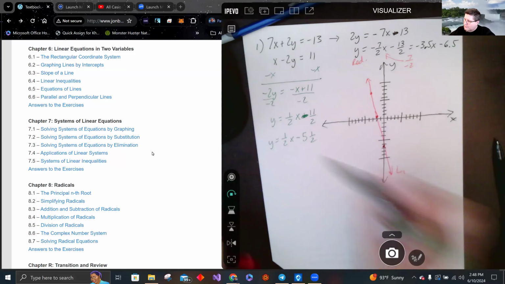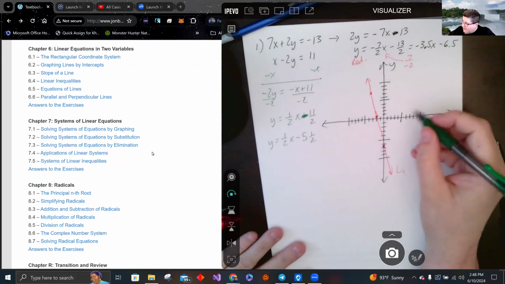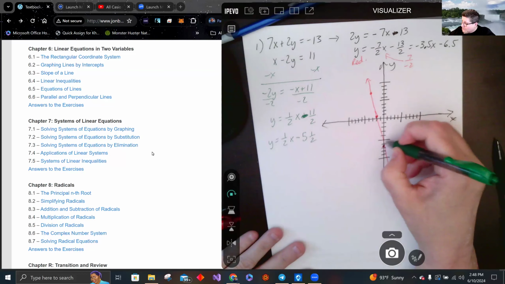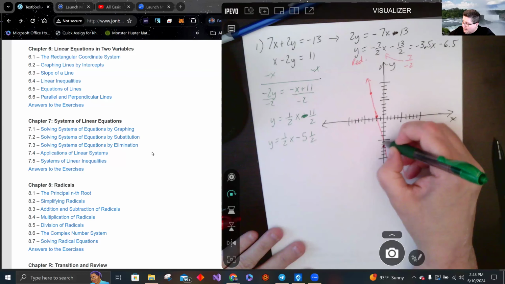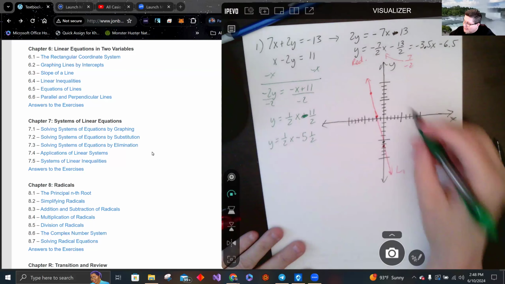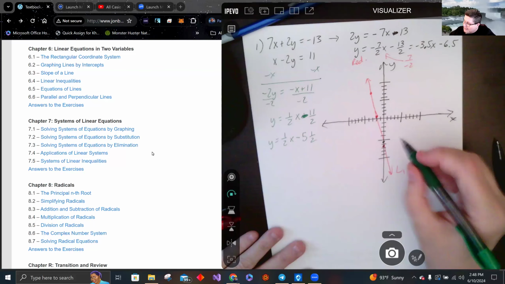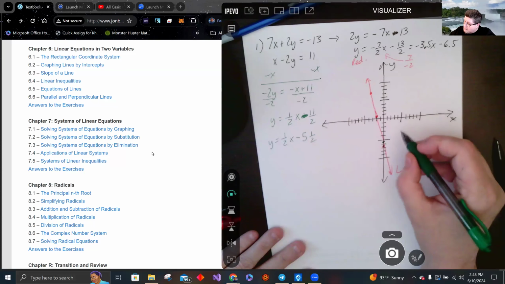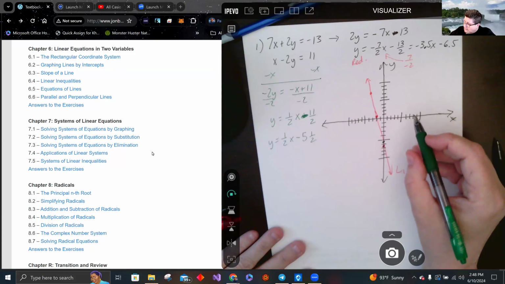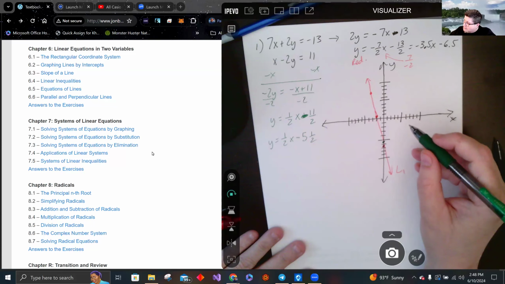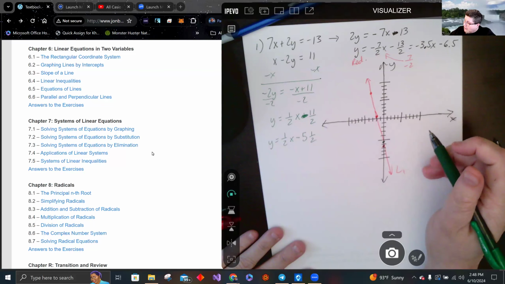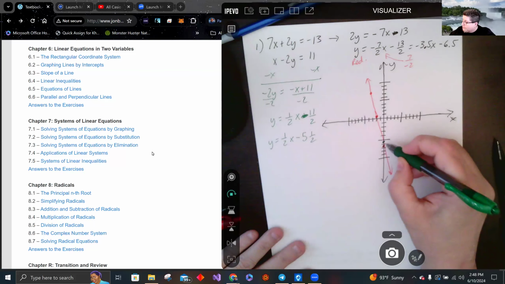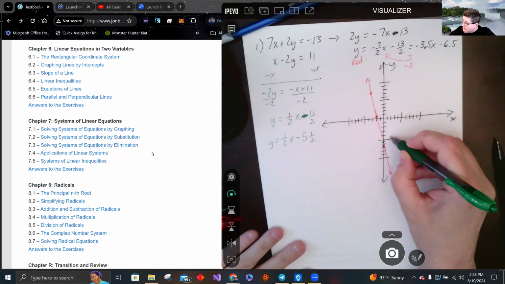And I wrote this in green, so we'll do this one in green. Negative 5.5 is right there. It almost looks like it's crossing it, but it isn't. Up 1 over 2. And then down 1 over 2.